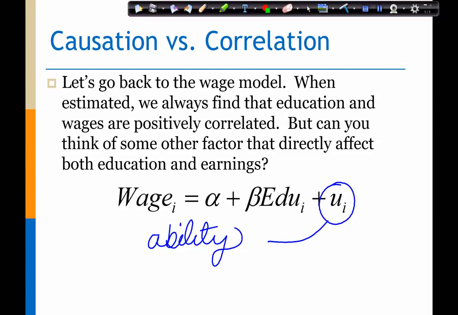In fact, ability is hard to measure, but sometimes people use an IQ score as a measure of ability. But often we just don't have that data, and so that's going to impact our results. It's going to be hard for us to get a good measure of causation. How does education cause wages?